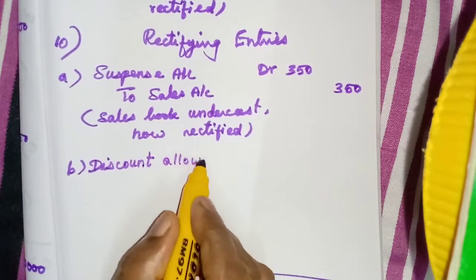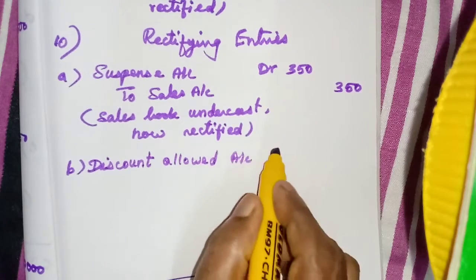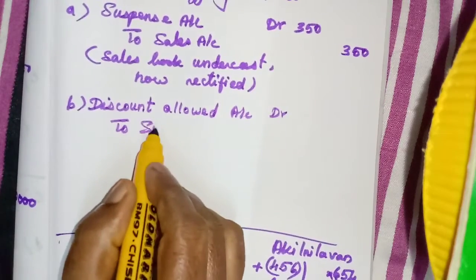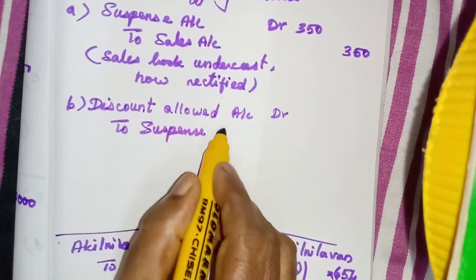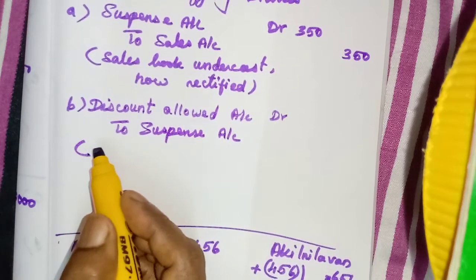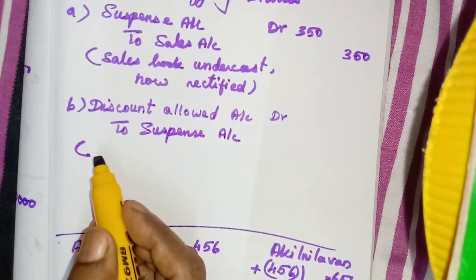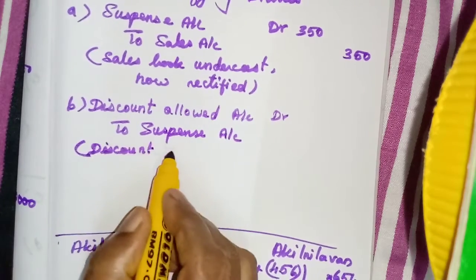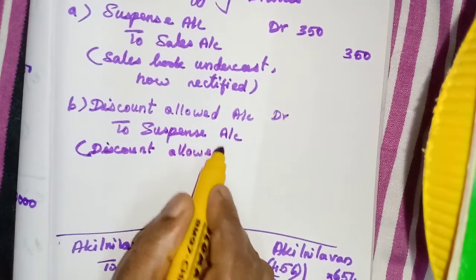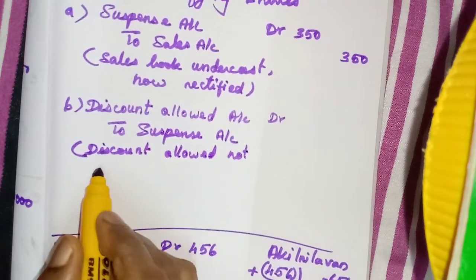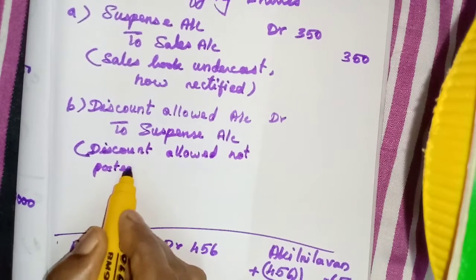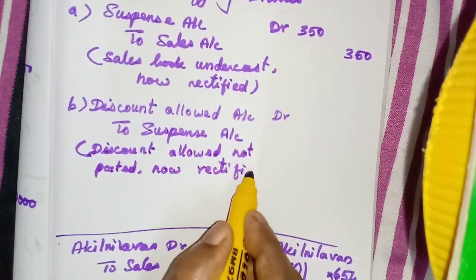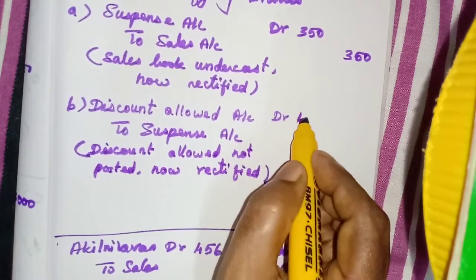If it is on the credit side, discount received. Discount allowed account debtor to suspense account. Discount allowed not posted, now rectified. In short also we can write the same meaning. Amount 420.